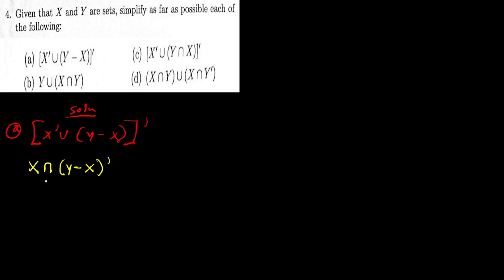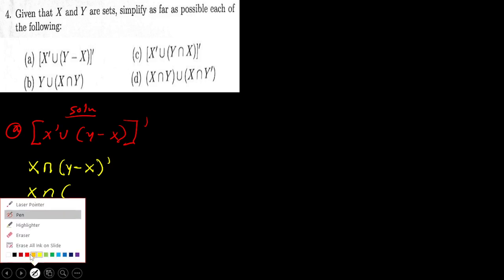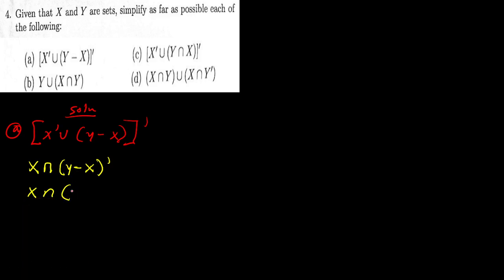Then from there, this can also be written as x intersection. Then what is inside, I'm going to change how it's looking. What's inside will now be y intersection x complement. So that means that the minus will change to intersection, and then the next expression has to be a complement.